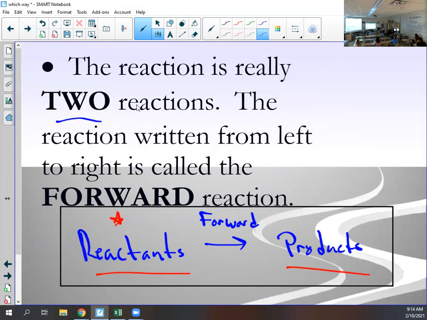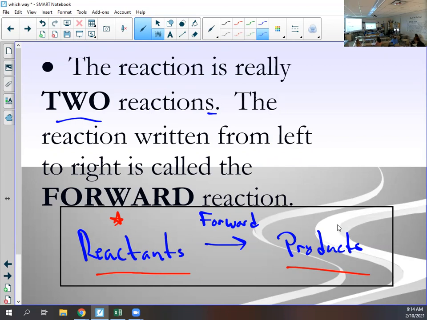The reaction is really two reactions. The reaction written from left to right is called the forward reaction. So we have all year long been studying what we call the forward reaction. It's when our reactants do whatever they do to form products.